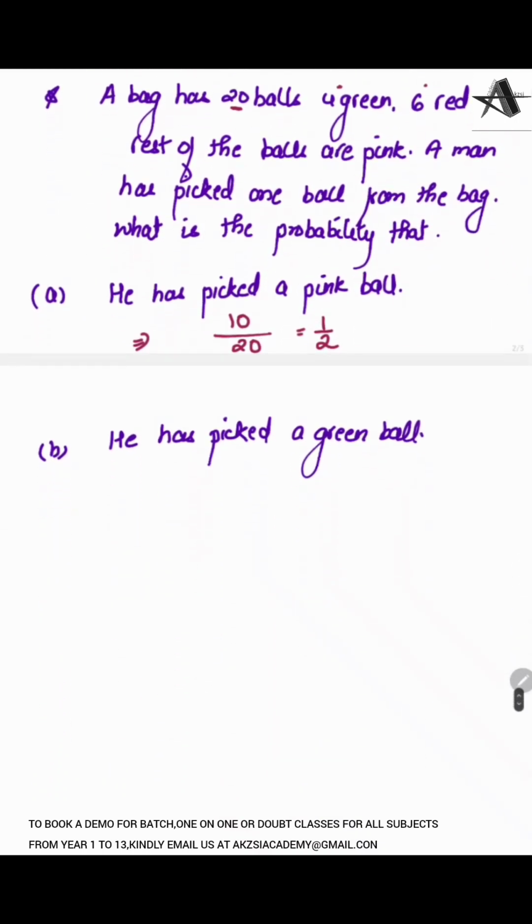Similarly for part B, it says he has picked a green ball. How many green balls are there? There are 4 green balls. That means he has 4 choices, or the number of ways by which he can pick green is 4, over the total possible ways, that means he can pick any ball from those 20. So total possible ways are 20. So the probability is 1 over 5. This is the way by which you can calculate a probability.